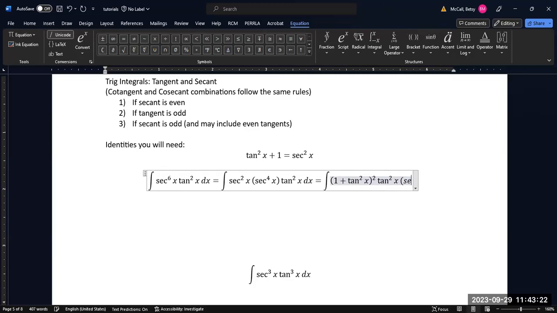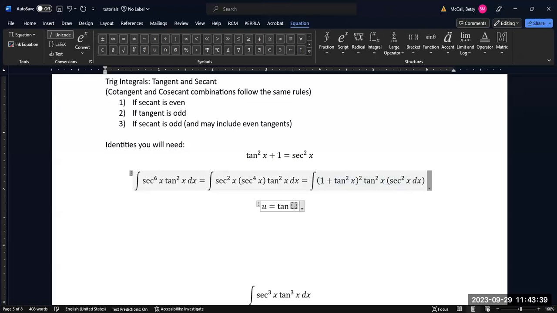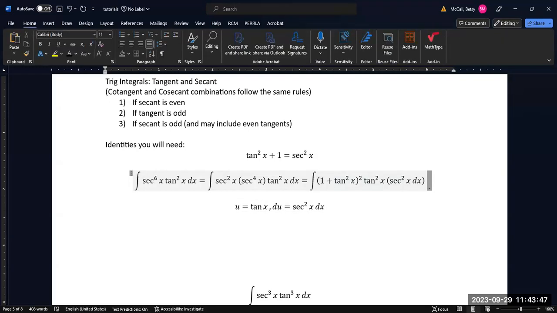And then my u substitution is going to be tangent, and the derivative will be that secant squared that we've left behind. So u equals tangent x, du equals secant squared x dx.